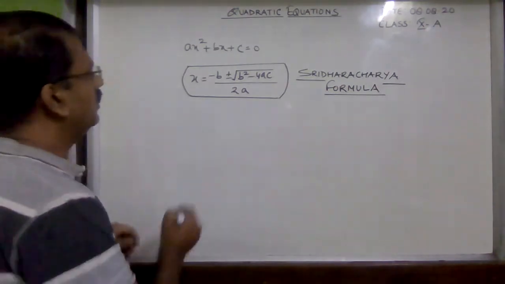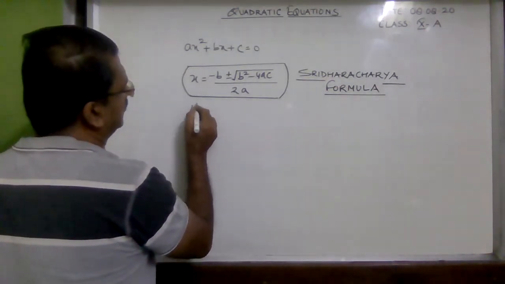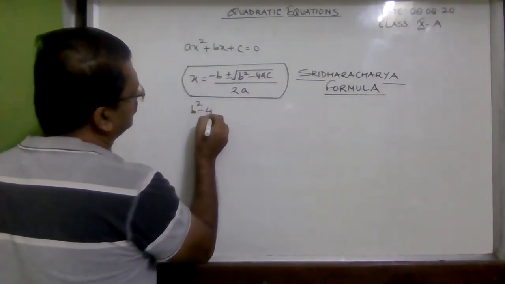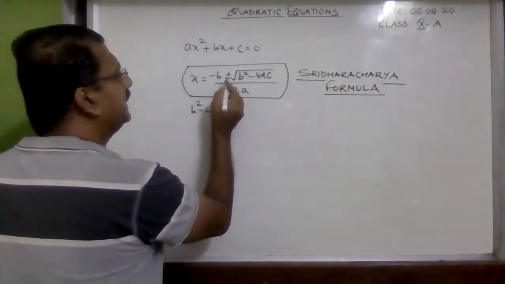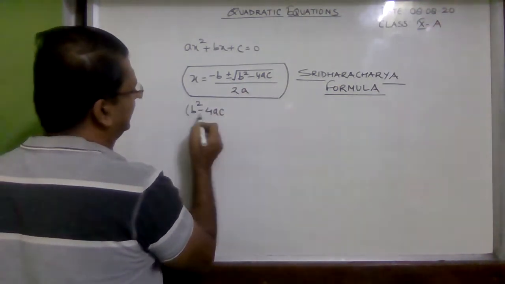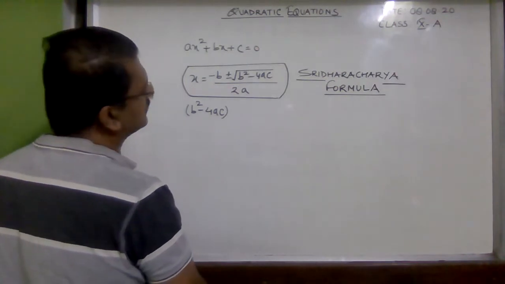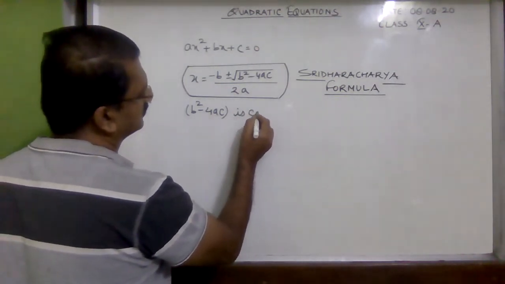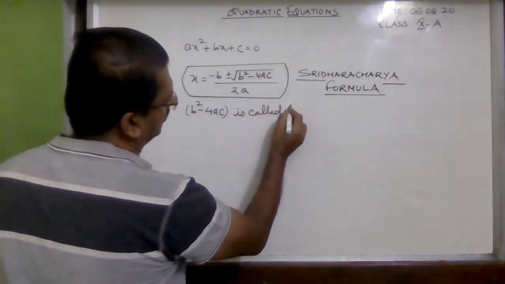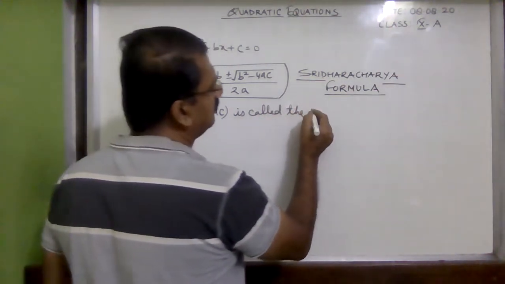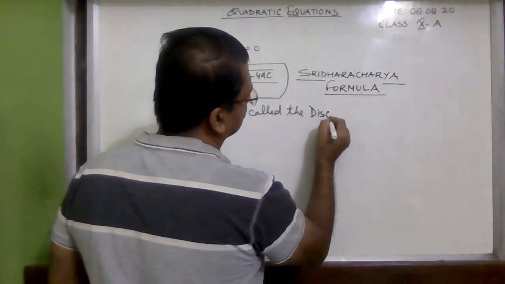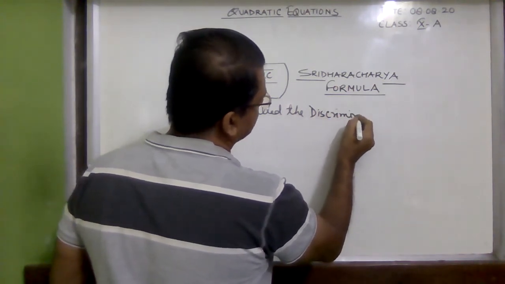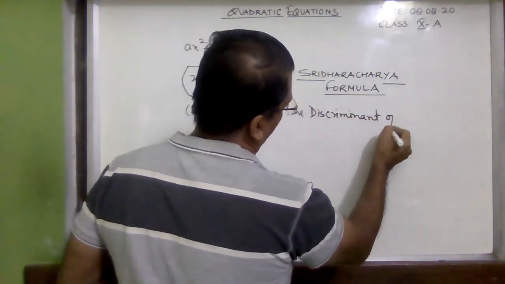Clear? Now, one thing you must note: b square minus 4ac, the thing that is inside the square root, b square minus 4ac is called the discriminant of the equation.